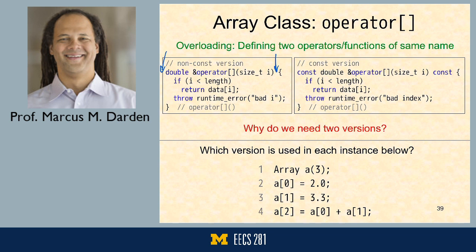You can see here some examples. Square brackets 0, I'm writing to there. Clearly this is not the const version because I'm going to be changing this value. Square brackets 1, I'm changing this value as well, right? So both of those definitely need the non-const version. This one I need to have the non-const version in line 4 here, at least for square brackets 2, right?